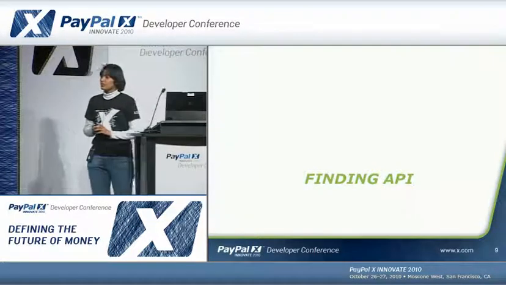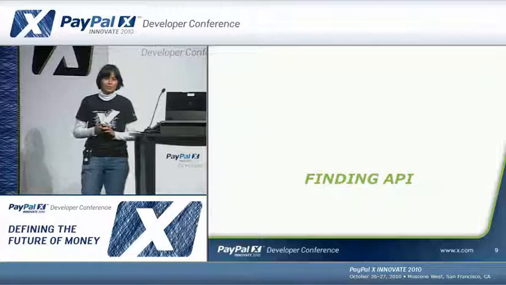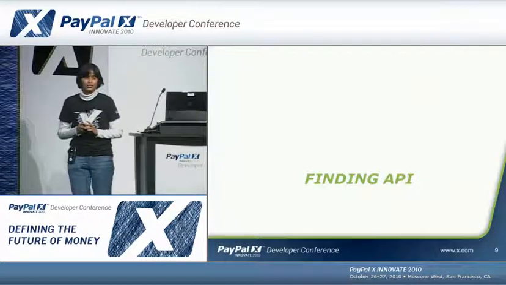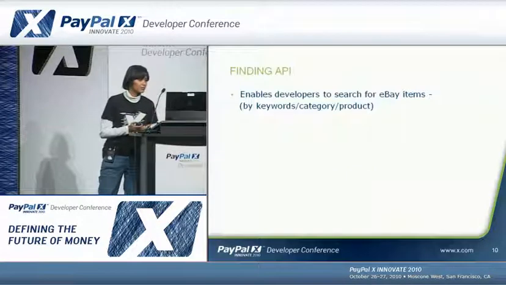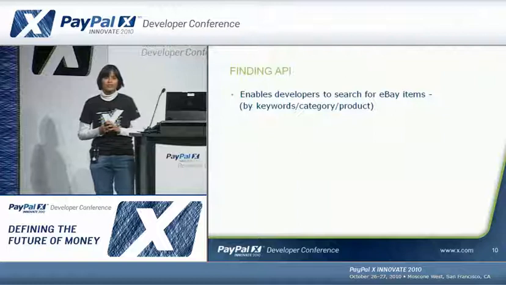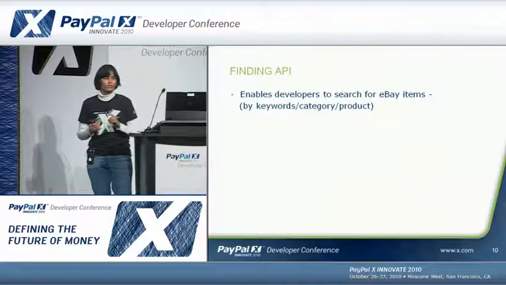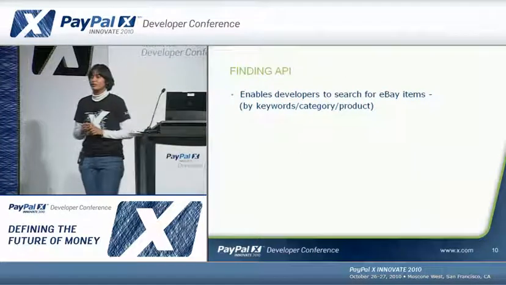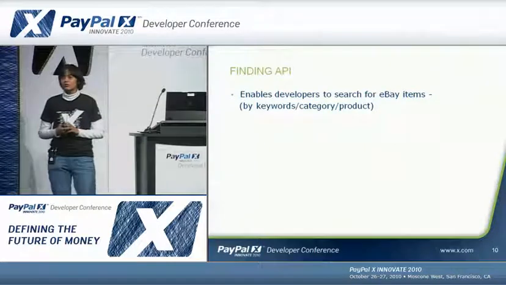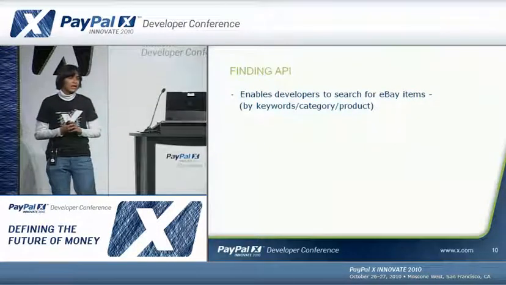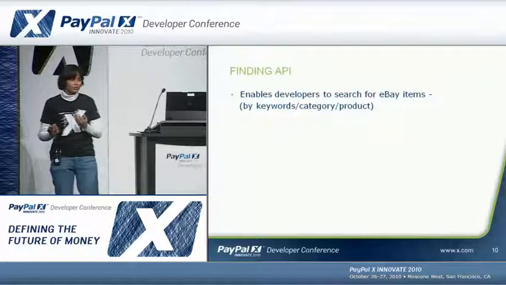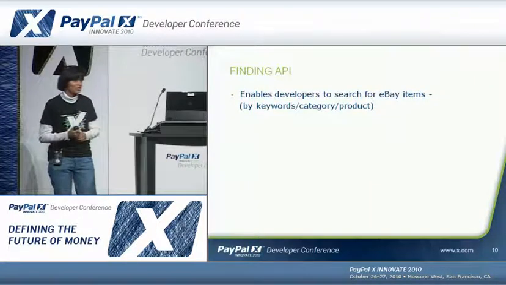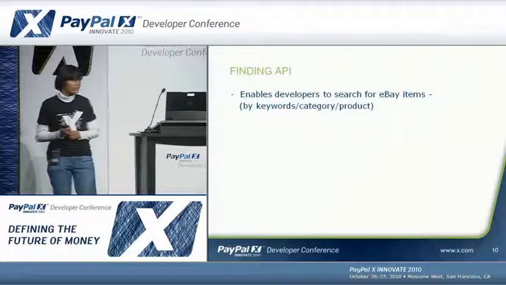So now let's take a quick look at our most popular API, the finding API, which you would use for searching for items on eBay. So you can essentially search for items based on keywords, based on categories, or based on products. So you could use the API to say, help me find iPads or iPhones that are 3G or 3GS with 16 GB memory and so on.